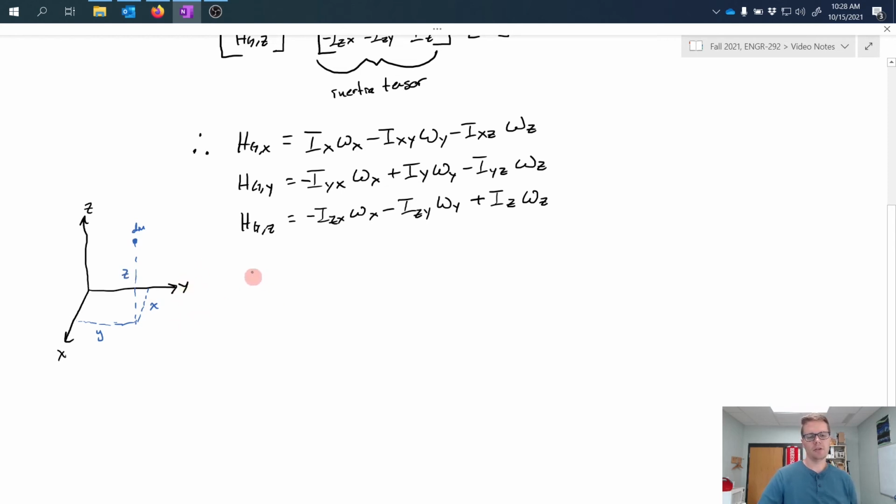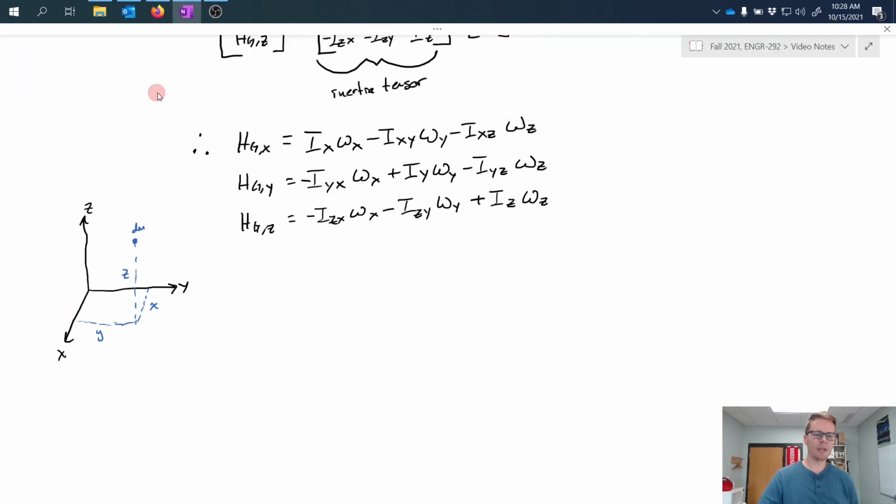And so as I start to define the moments of inertia, Ix, Iy, and Iz, I need to think about the distance corresponding to that particular location. So if I'm talking about Ix, I'm talking about the distance to the x-axis.